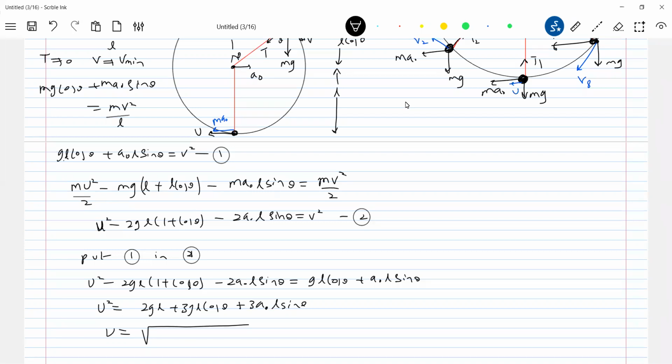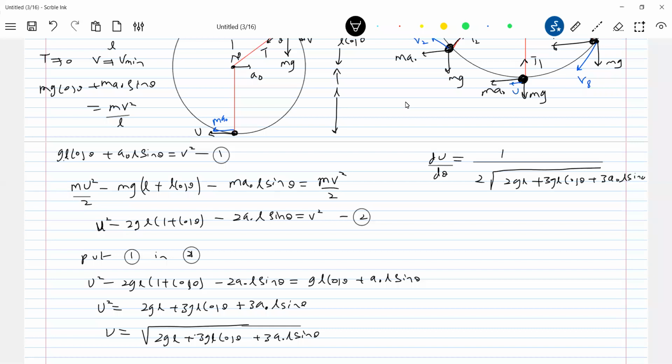Now let me differentiate. U square equals 2GL plus 3GL cos theta plus 3A naught L sin theta.